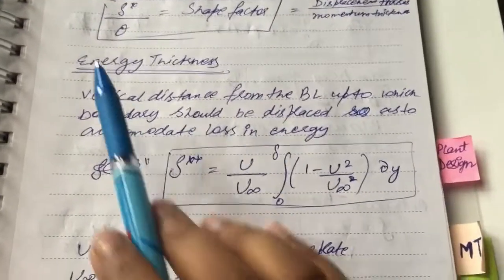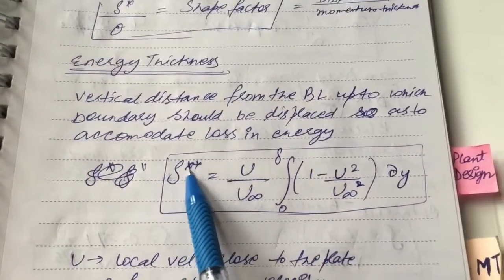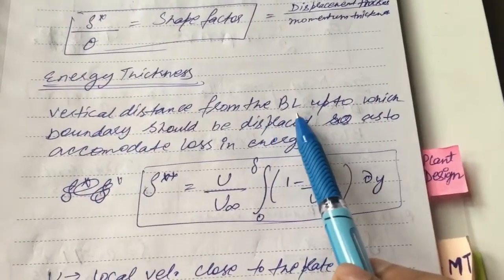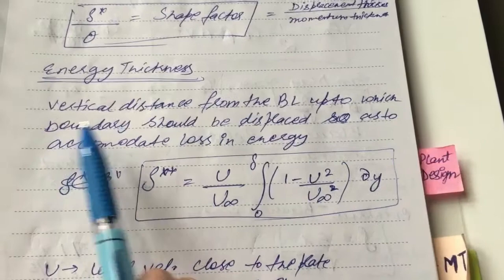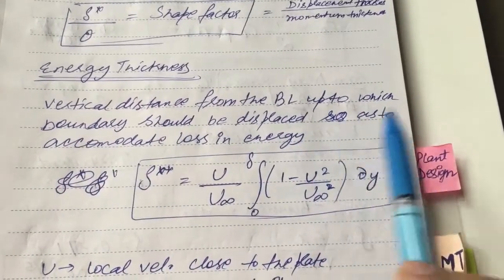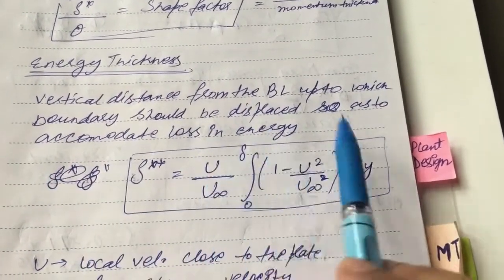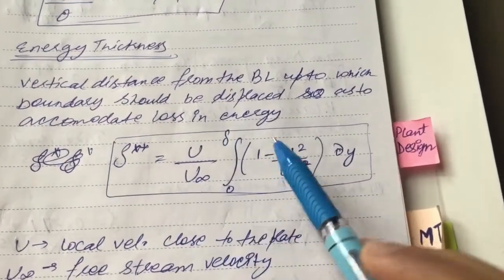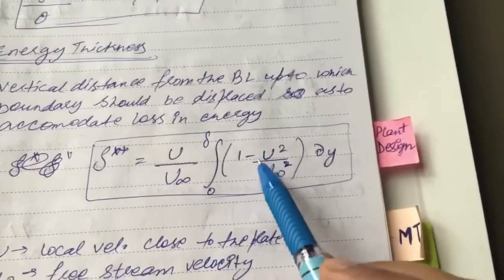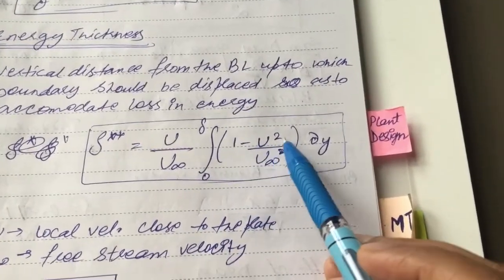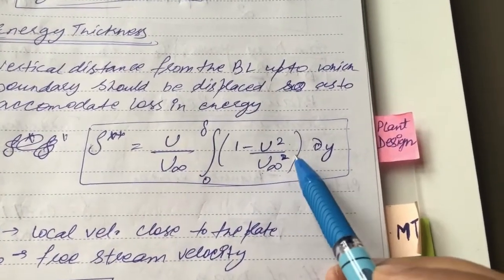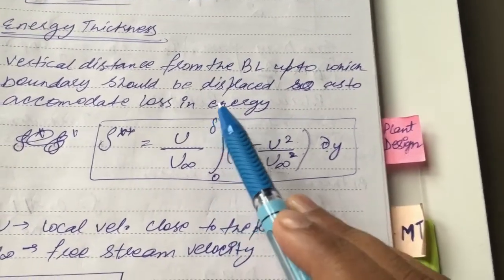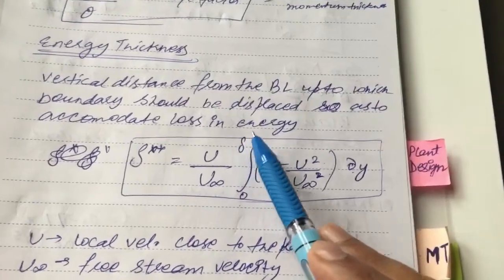Next we have energy thickness, denoted as rho double star. Energy thickness is the vertical distance from the boundary layer up to which the boundary should be displaced so as to accommodate the loss in energy. It is equal to the integration of u by u infinity into 1 minus u square by u infinity square into dy, integrated from 0 to rho, and rho is the boundary layer thickness.